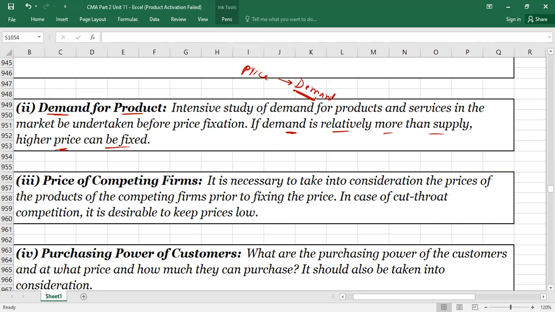So if your demand is highly elastic as compared to the price, in that scenario, you should not charge a high price. You should try to charge a low price, because it will increase your demand. So this is also the second factor which you need to consider while setting the price of the product.